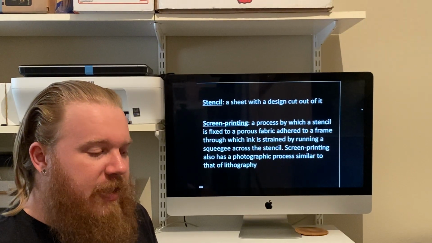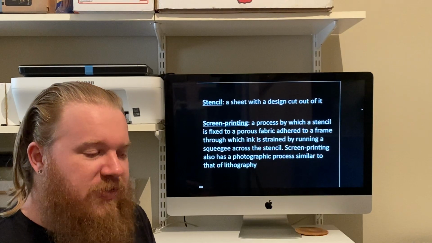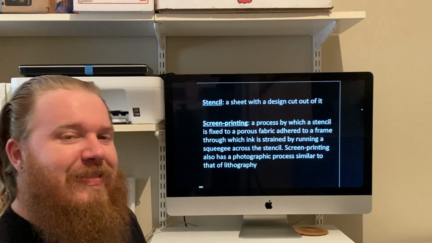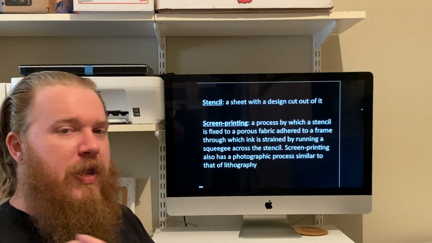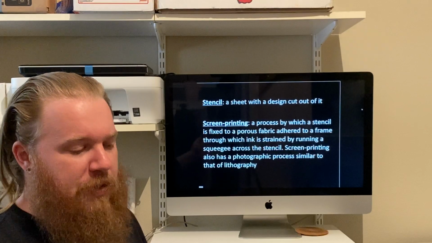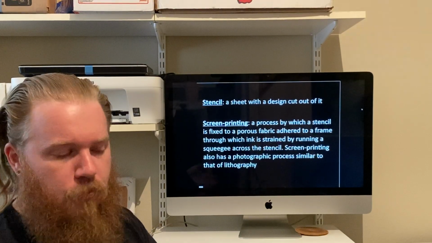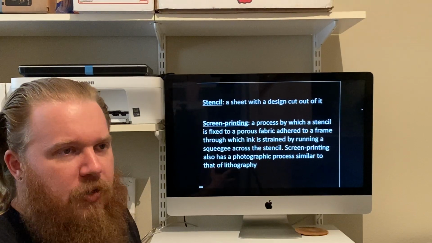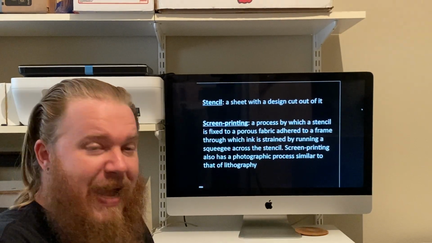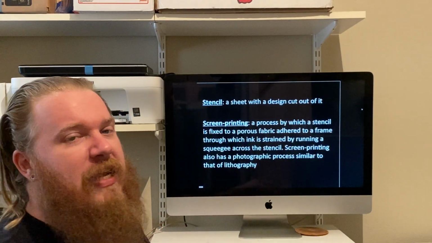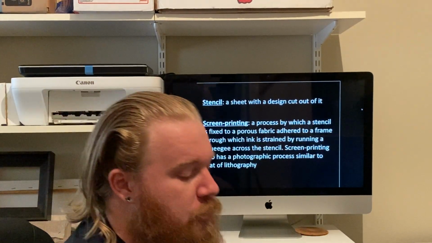So screen printing also has a photographic process similar to lithography, in which we coat the screen in this light-sensitive material, and then we expose it to light, burn it, and then affix it, and then we can make a photographic recreation. But it's important to note that, like lithography when recreating photographs or naturalistic images, we have to have a separate screen for every individual color that we use.